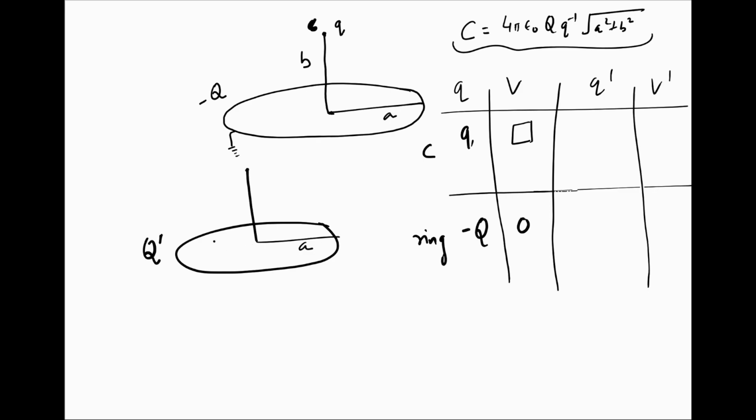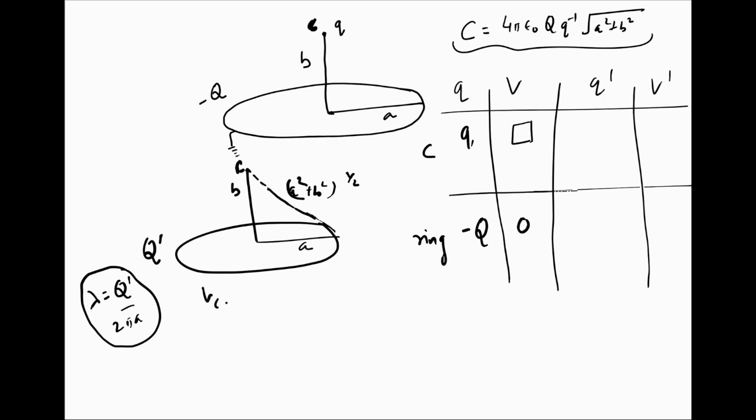Now we know that if this ring is given Q dash charge and it is isolated, there is no nearby charge, then this charge will uniformly spread, and lambda, the charge density, will be Q dash over 2 pi A. Or we can see that the potential at this point P, at distance square root of A square plus B square, the potential at this point C will be V at C equal to lambda dl over 4 pi epsilon naught square root of A square plus B square.